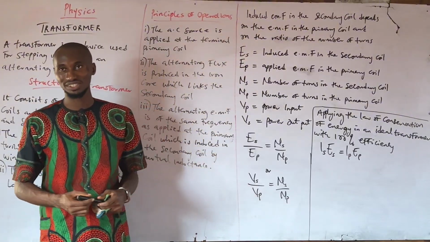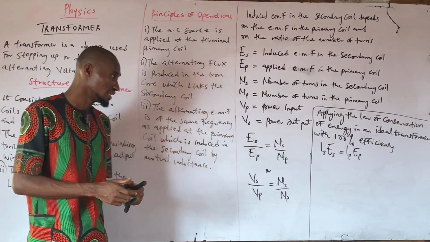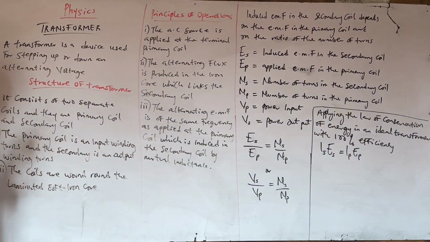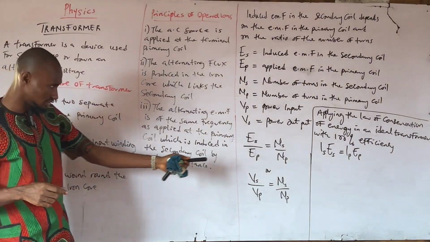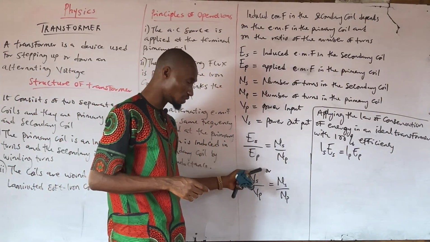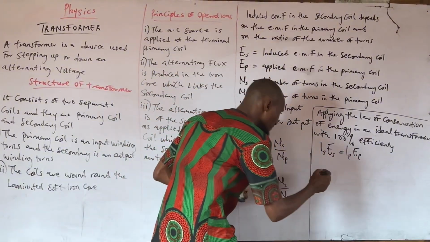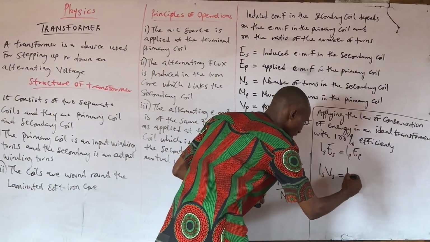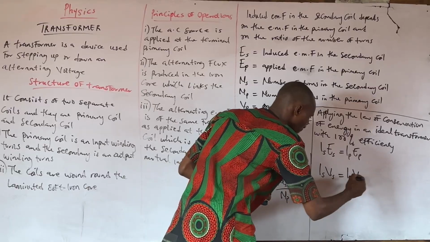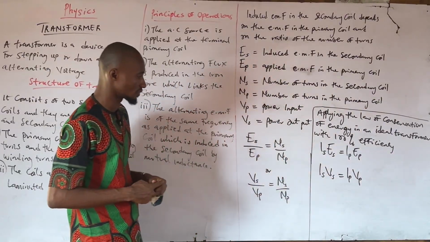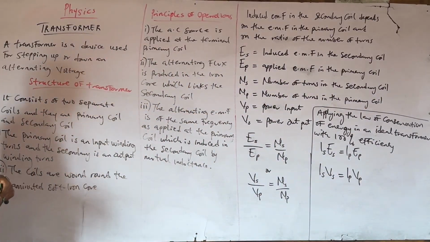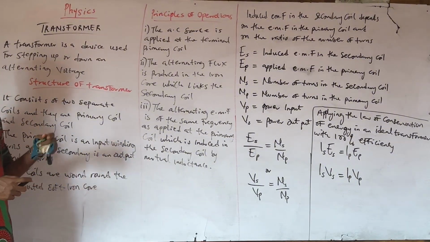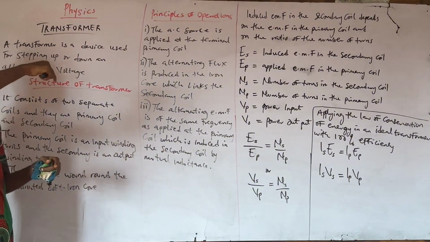You can also have ISES equal to IPEP. You can also have ISVS, that is mirroring this formula here. You can have ISVS equal to IPVP. Already we know what VS is, power output, while VP is power input.